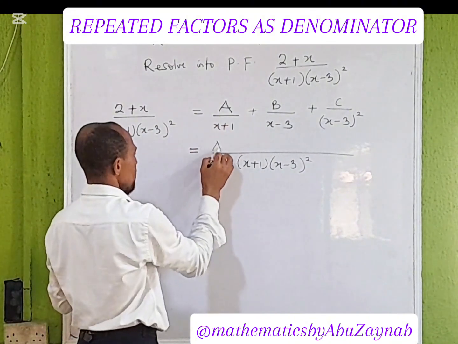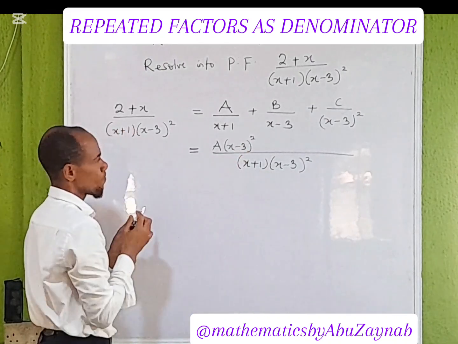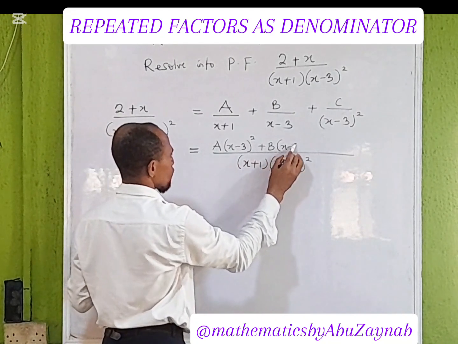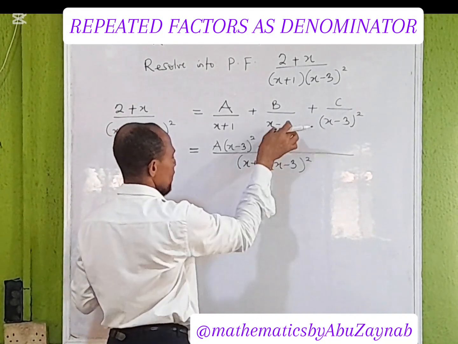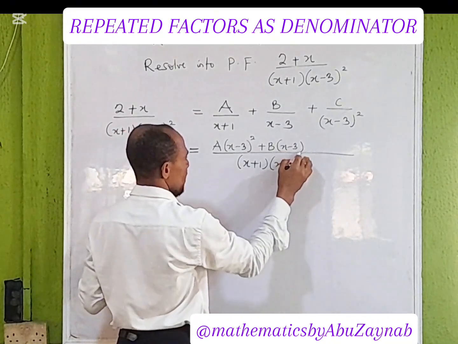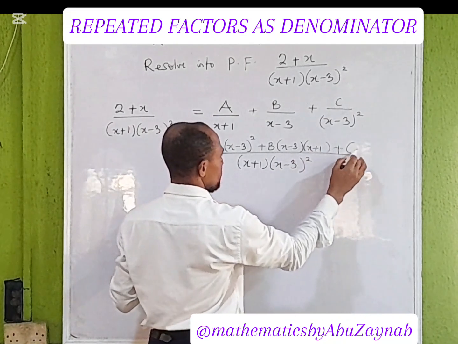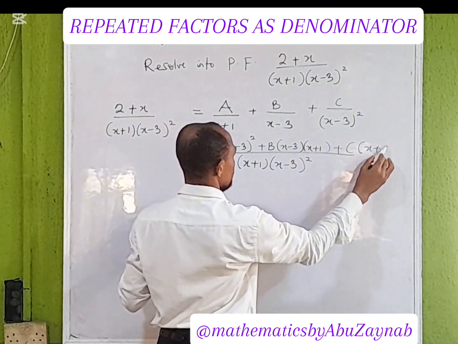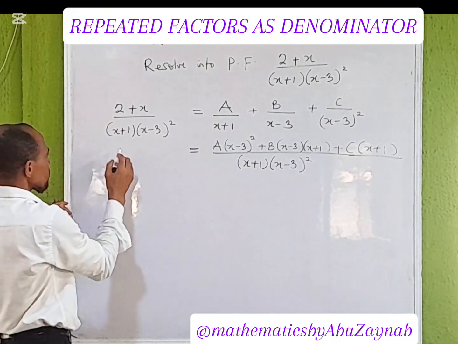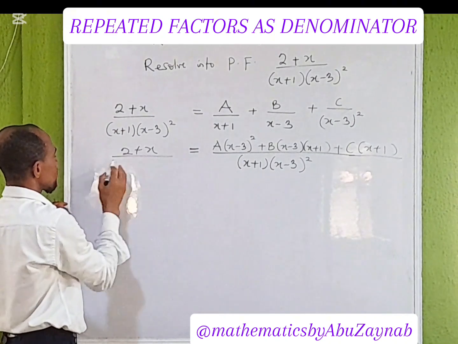We have A(x - 3)² plus B(x - 3)(x + 1), because x minus 3 cancels one out of the x minus 3 squared, leaving x minus 3 and x plus 1. Then lastly, C(x + 1). That's simple algebra. So, as you can see, we have the left hand side still being equal to the right hand side.